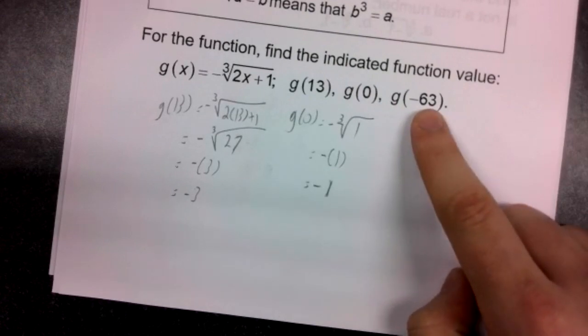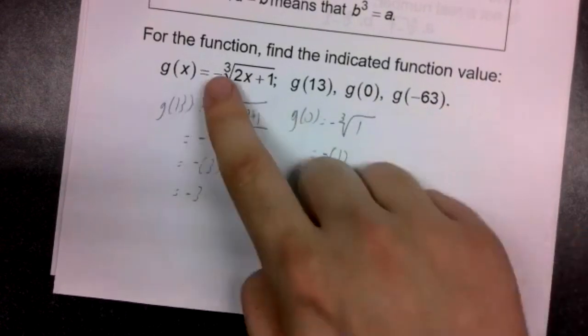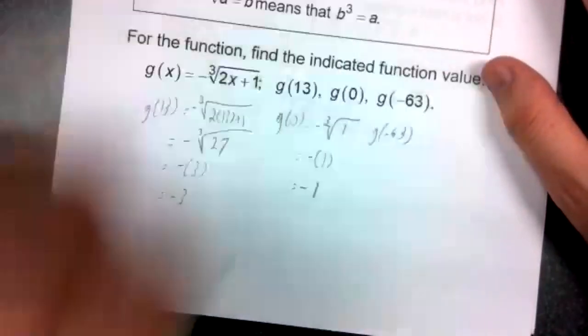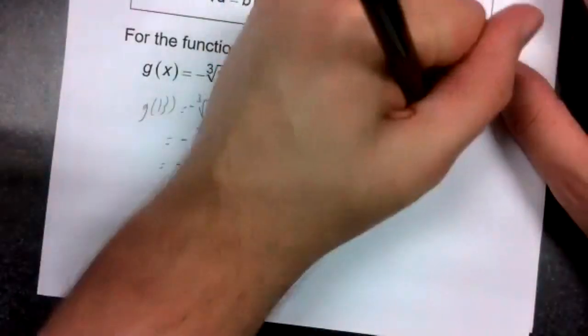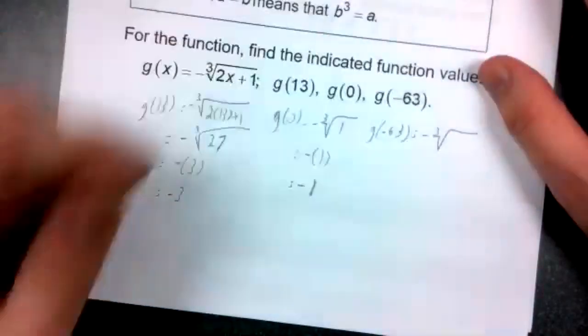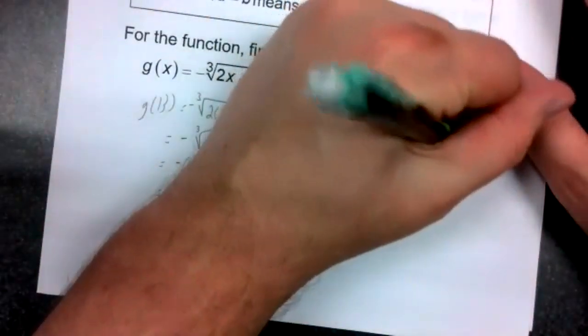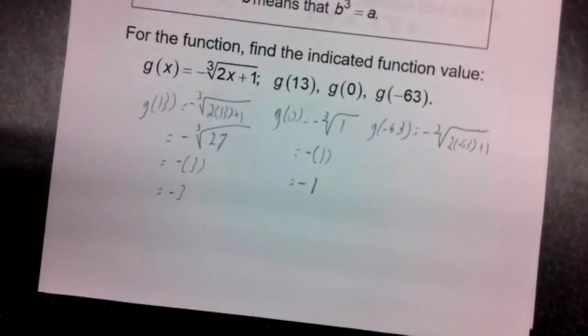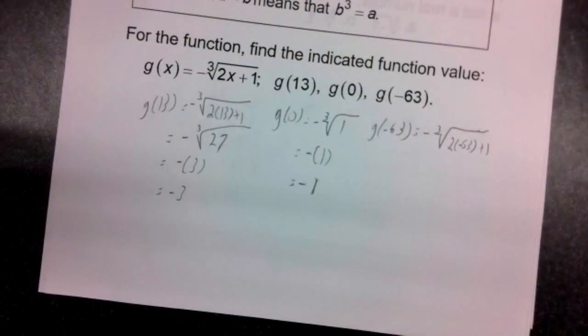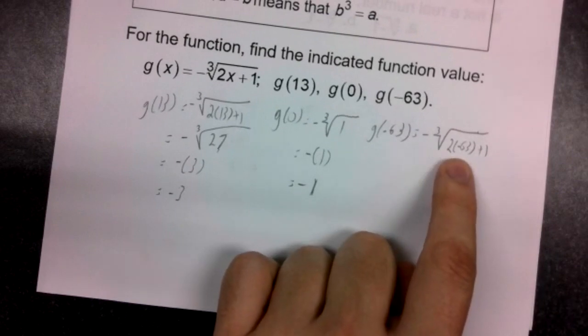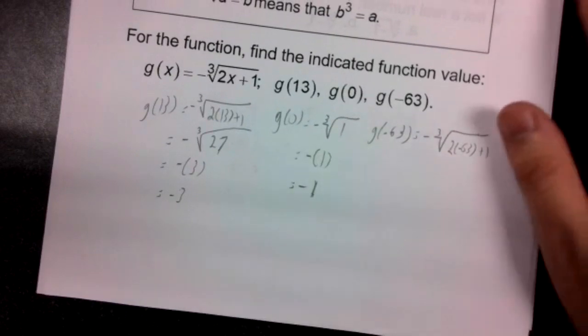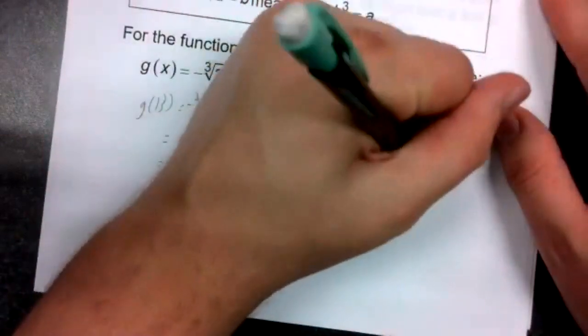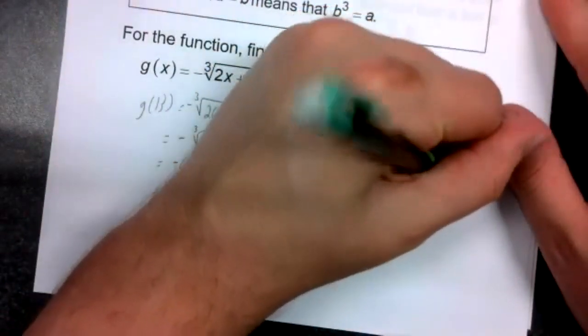So this one we have negative 63 that we're plugging in. So g of negative 63 is equal to the negative cube root of 2 times negative 63 plus 1. So 2 times negative 63 is negative 126, plus 1 is negative 125. So this is equal to the negative cube root of negative 125.